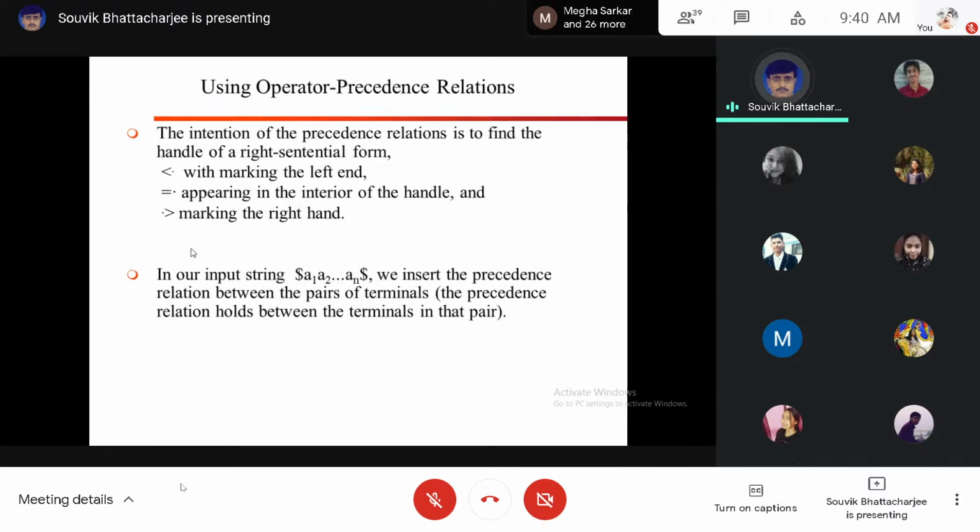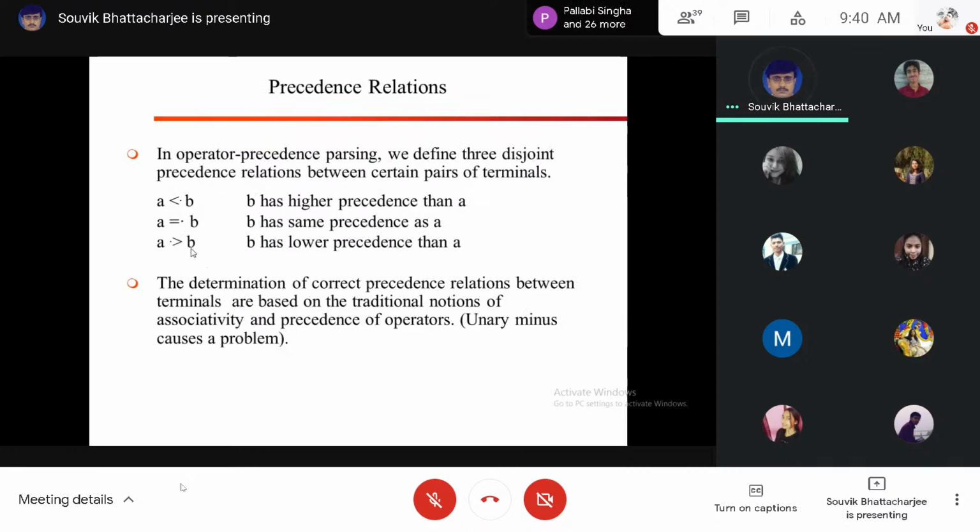Are you understanding why we are trying to understand the precedence relation? Because you have seen the reduce conflict in E plus E star E. If star has higher precedence, then E star E will be reduced first, followed by E plus E. That is why we are bothering about operator precedence.